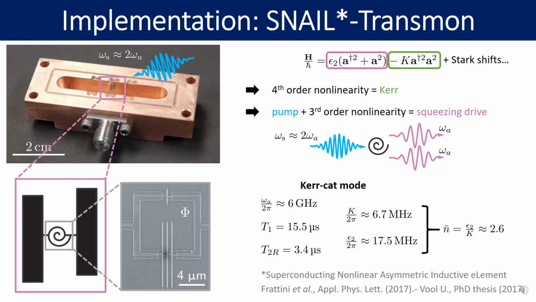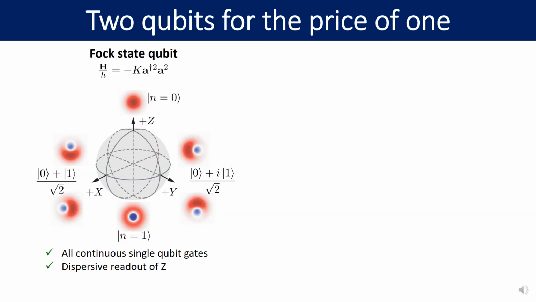And this mode actually implements 2 qubits for the price of 1. So what do I mean by that? Well, if we do not apply the single mode squeezing drive, then we are just left with this Hamiltonian here, which just has the Kerr.